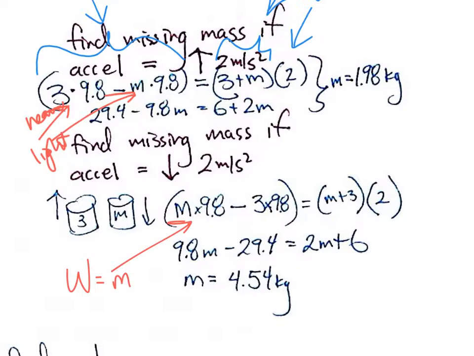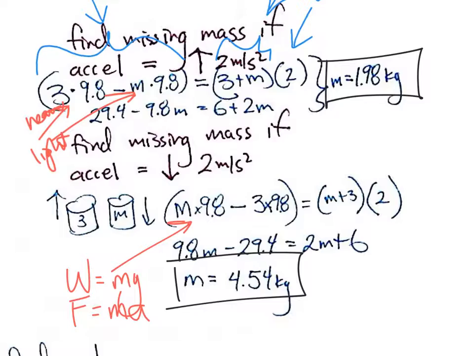We're using weight equals mass times acceleration due to gravity, which is just another form of F equals ma. So we have heavy minus light, so this gives the net force on the system, meaning the two masses, equals the sum of their masses times 2. We do a little algebra, and we get that mass is 4.54 kilograms. That sounds good. It's greater than 3 kilograms, and so it would be accelerating downward.